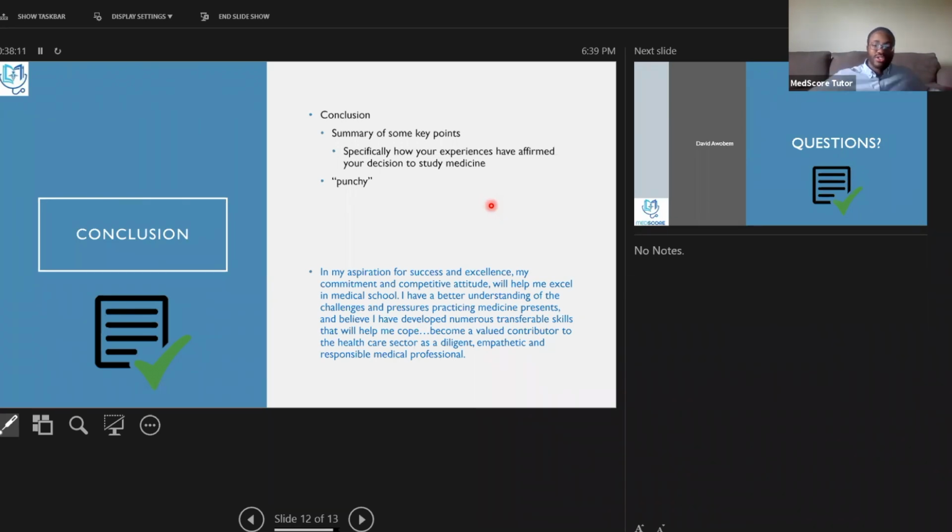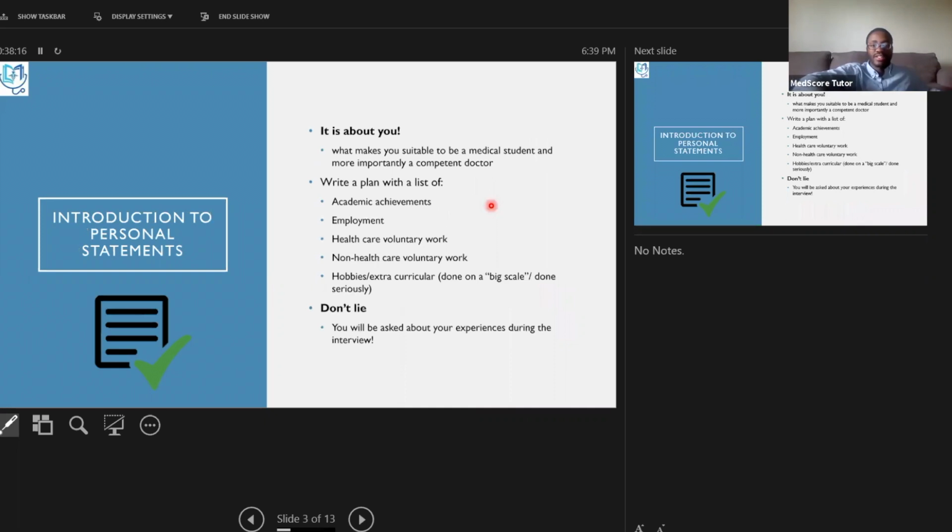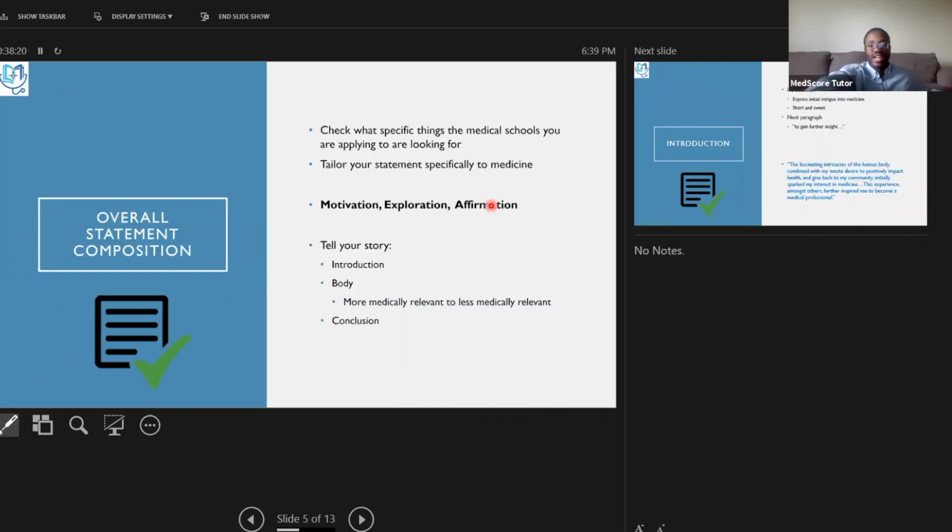So again, just to go back to the beginning, some key things you want to look at are, like I said, motivation, exploration, affirmation. So motivation is the introduction, exploration is the body, and affirmation is the conclusion.